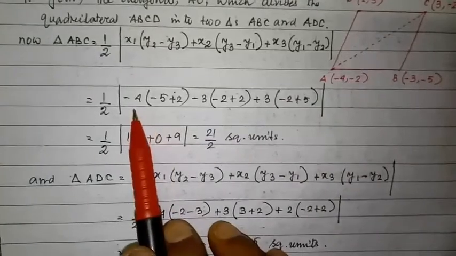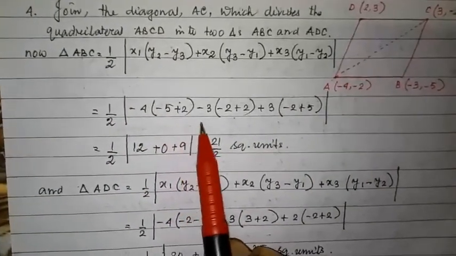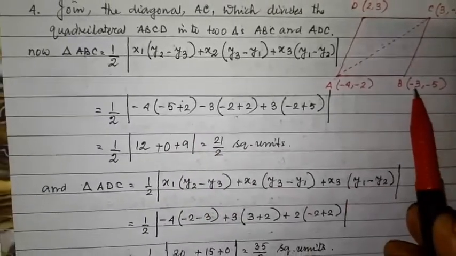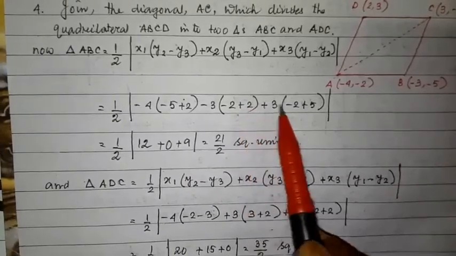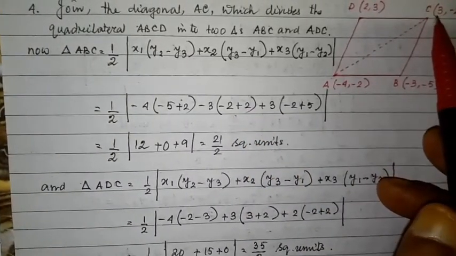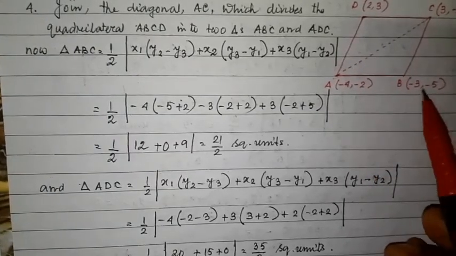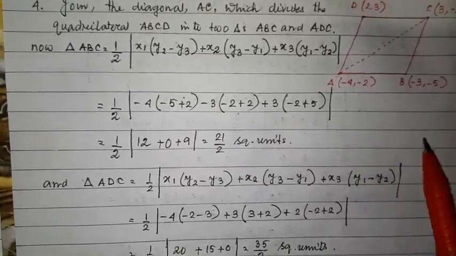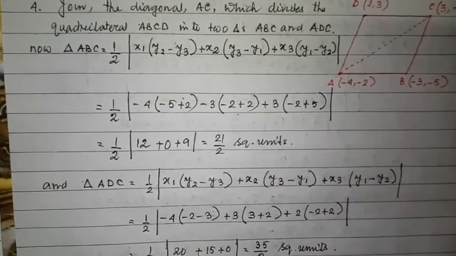There is minus 4, half modulus, minus 4 (minus 5 plus 2), then x2 is minus 3, then (minus 2 plus 2), that is y3 minus y1, plus x3, that is 3, and (y1 minus y2), that is y1 is minus 2 minus y2 means minus 5, that is plus 5.